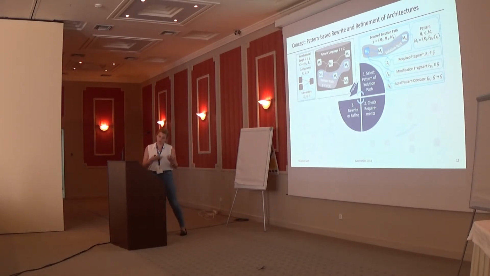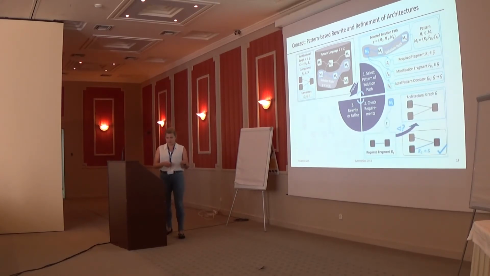Those 3 parts we will use in the next step. The second step, the check requirement step, as you've already seen, just checks if the required fragment is a subgraph of our architectural graph. If it's a subgraph, the pattern can be applied to our architectural graph. If not, then not. So in this example, it's applicable because it's a subgraph.